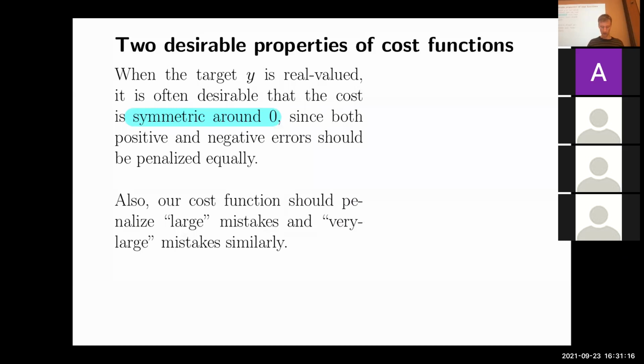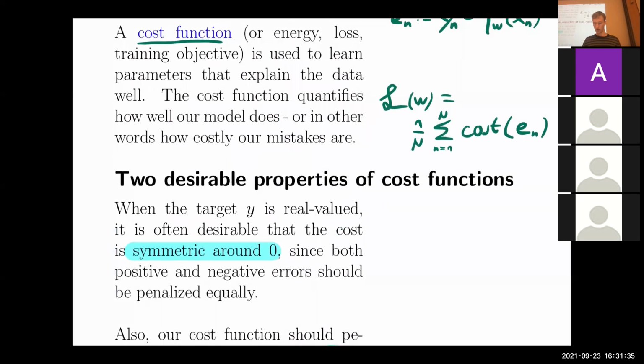Another reasonable property is to have, what do you do with the mistake? So what you also want is that the cost function should be a bit robust, and we're going to discuss this in a second. So if there's just one point which is extremely wrong, then you don't want that point to completely dominate your entire cost function, right?